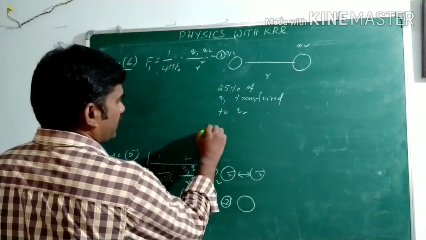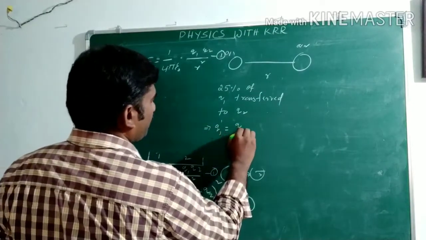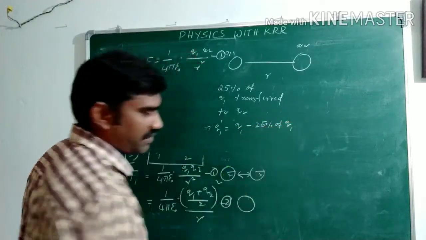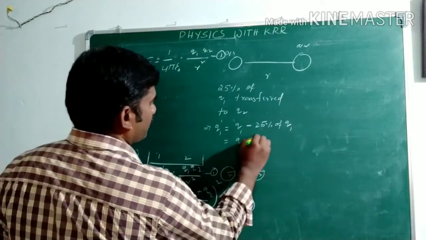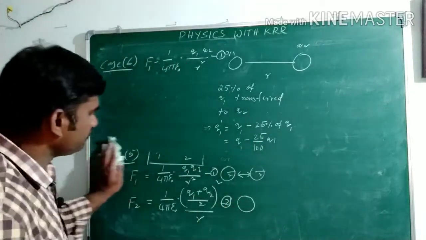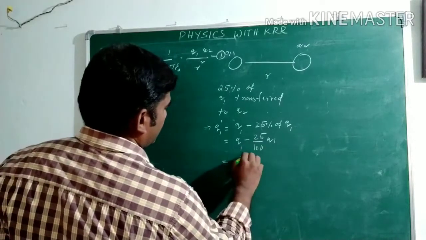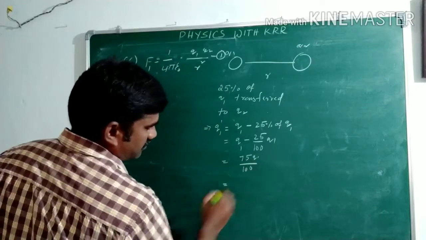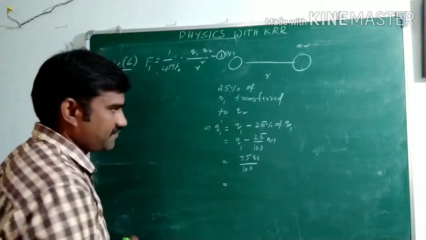This charge we can take as Q1 dash, which is equal to Q1 minus 25% of Q1. This will be equal to Q1 minus 25 by 100 into Q1. So this is 75 Q1 by 100. So this is Q1 dash.